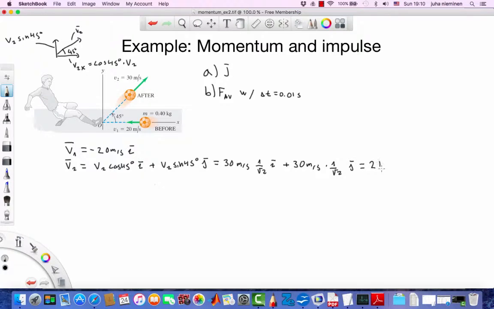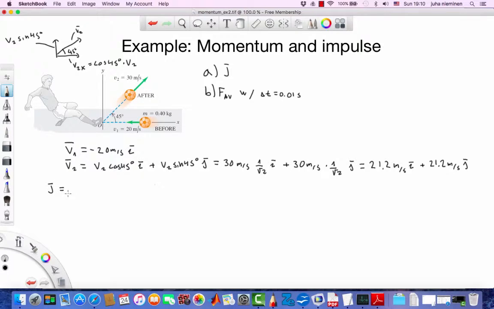These are both 21.2 meters per second. Like this. And now we can evaluate the impulse imparted by the kicker.